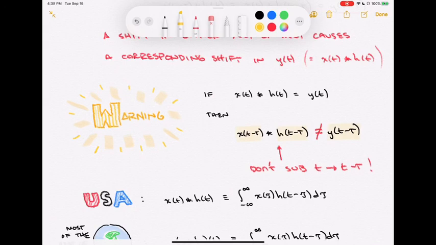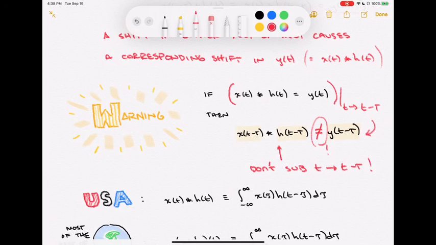This might be a little bit surprising because in mathematics we get really used to taking some equation and doing something like substituting t with t minus T. That would lead to this expression, and I'm telling you that's not true. So you can't just willy-nilly substitute into the argument of our functions when we're doing a convolution. You have to be really, really careful.